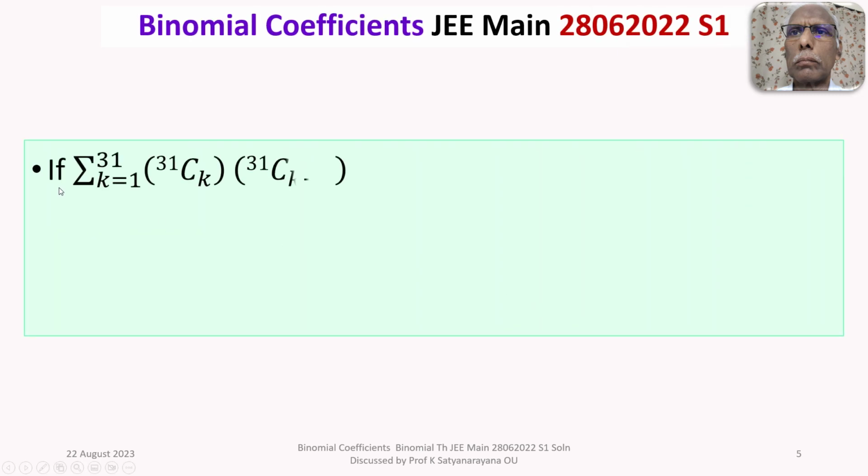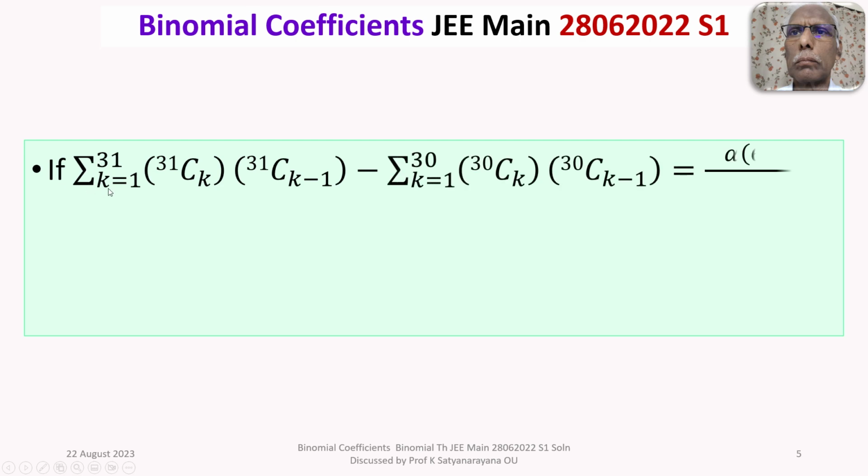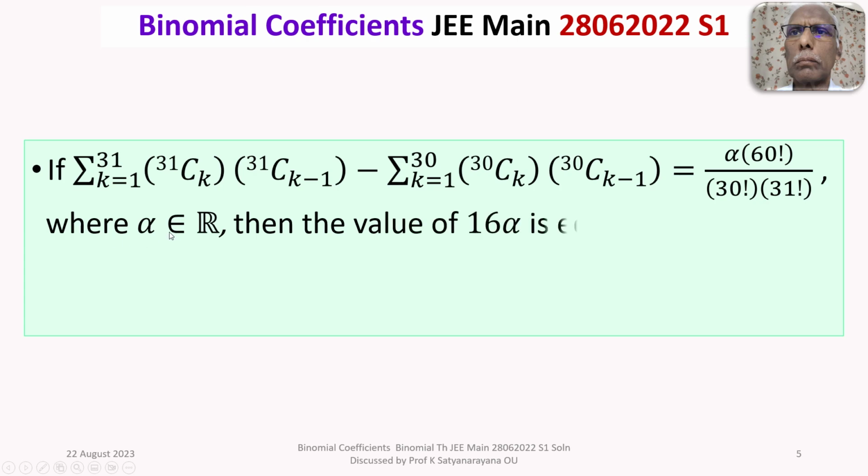The given question is, if sigma k equals 1 to 31 of 31Ck multiplied by 31Ck-1, minus sigma k equals 1 to 30 of 30Ck multiplied by 30Ck-1, is equal to alpha times 60 factorial divided by 30 factorial multiplied by 31 factorial, where alpha is a real number, then the value of 16 times alpha is equal to, we are given four options.